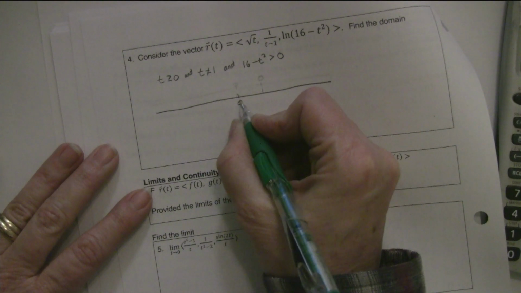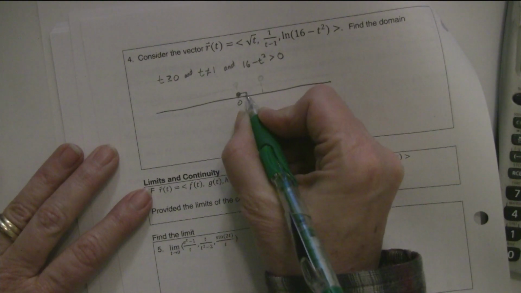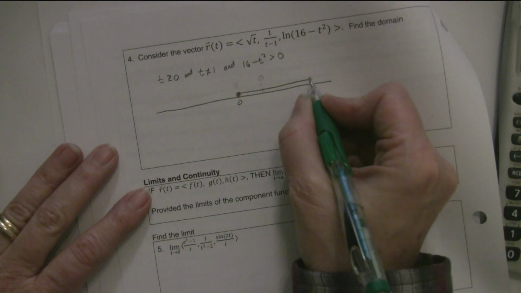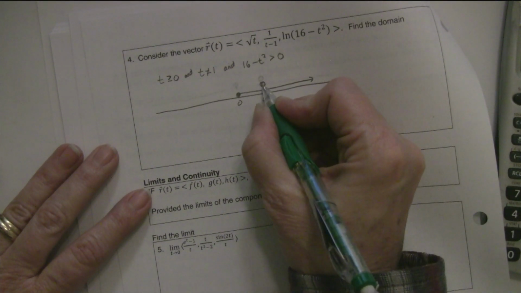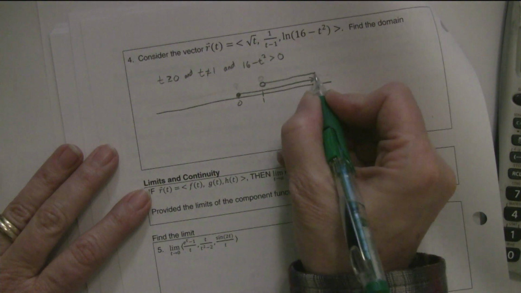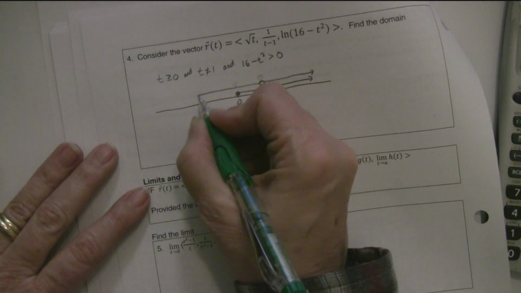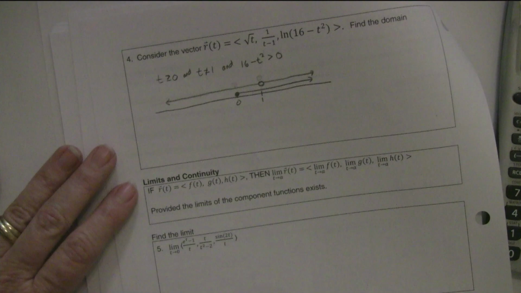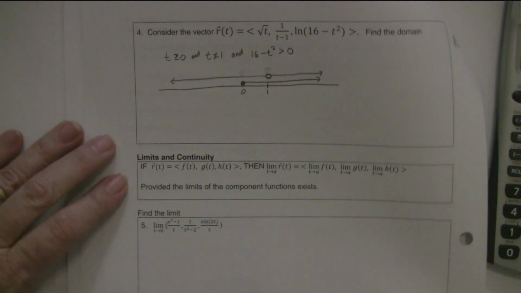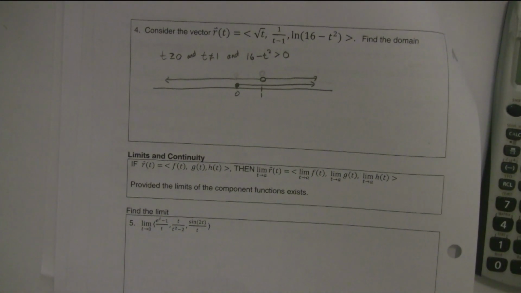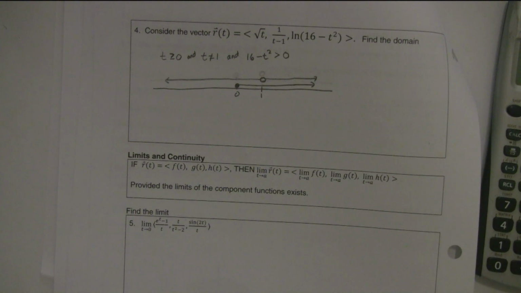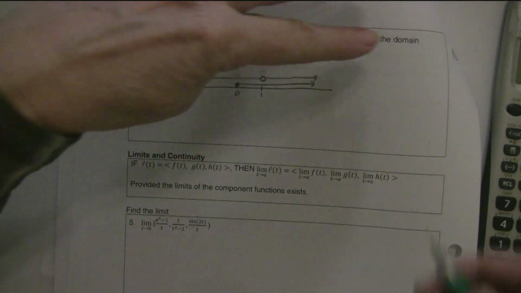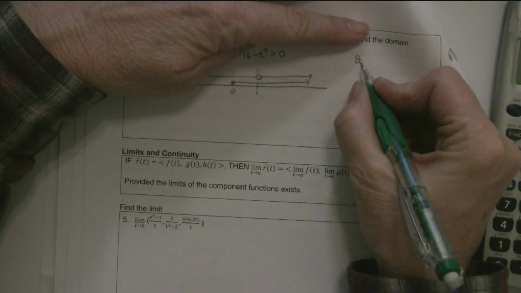So here's 0 going this way. That's the first one. Here's 1, and it would be open, and then it would be all this way and all this way. But remember, we're only interested in the intersection, and that's what we're eventually going to get. So I'm just graphing each one of them. Now the other one, I don't know if you guys remember how to solve a quadratic inequality, but how you do it is you find the boundary.